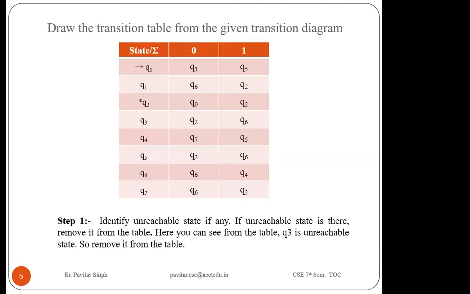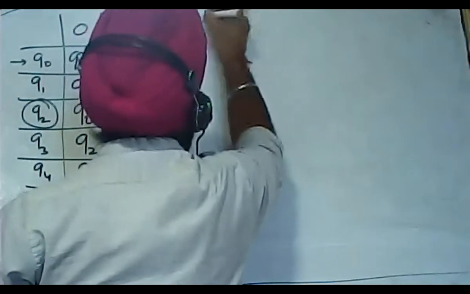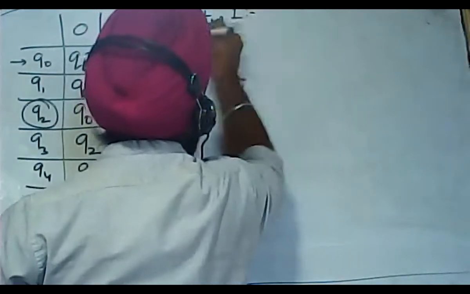So after drawing the table, your step number 1 says that you have to find out the unreachable state, if any.